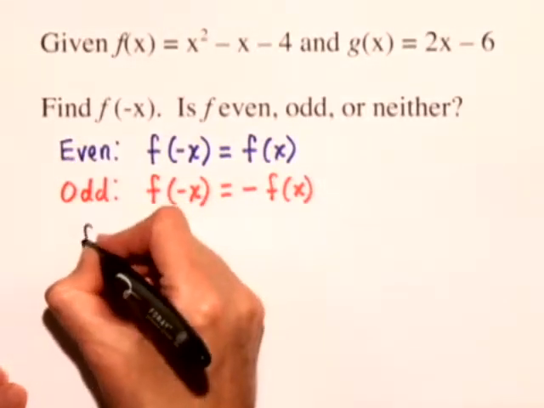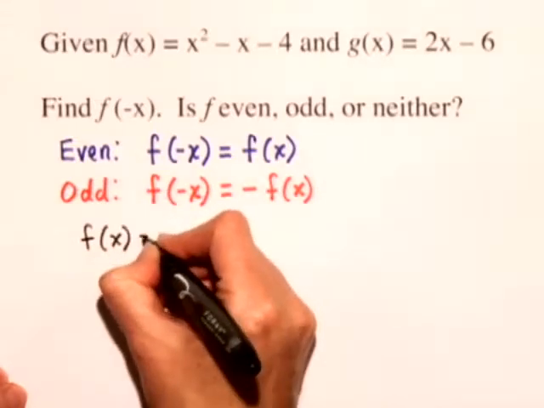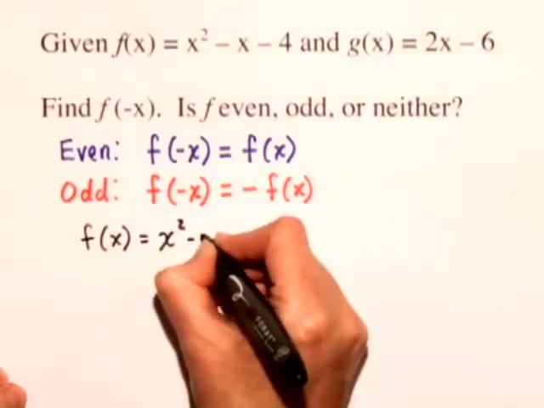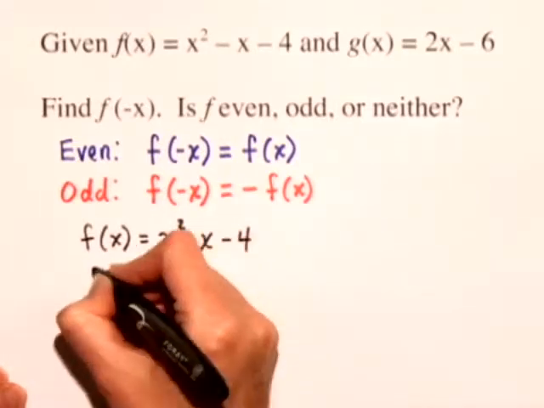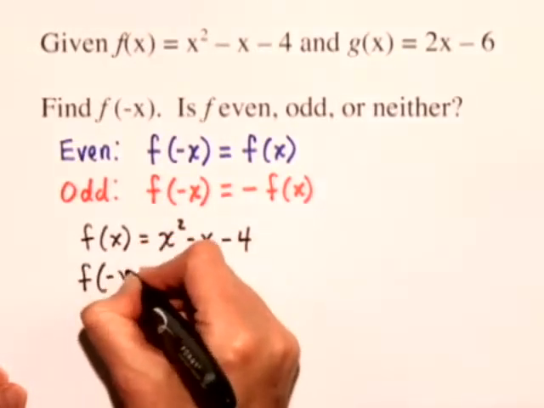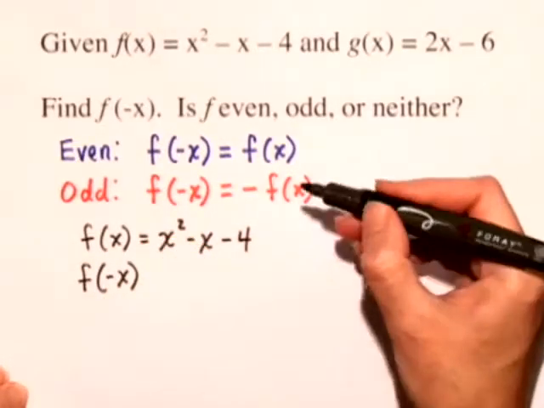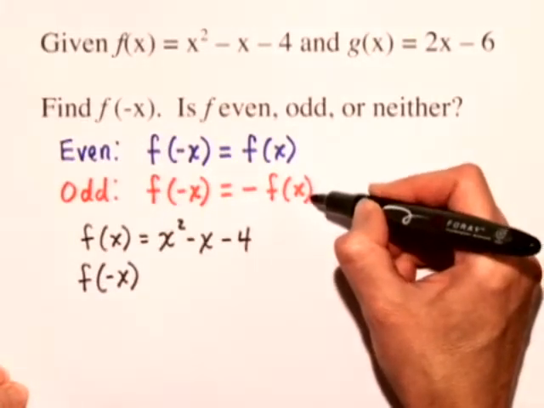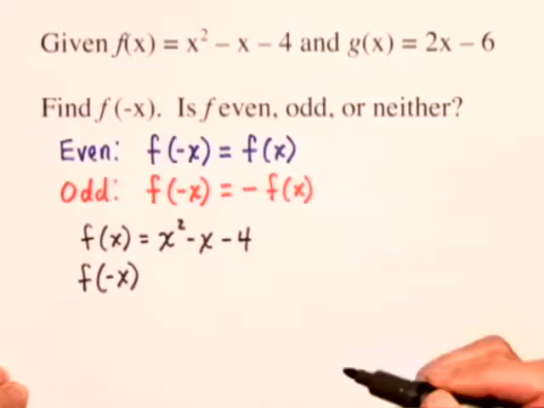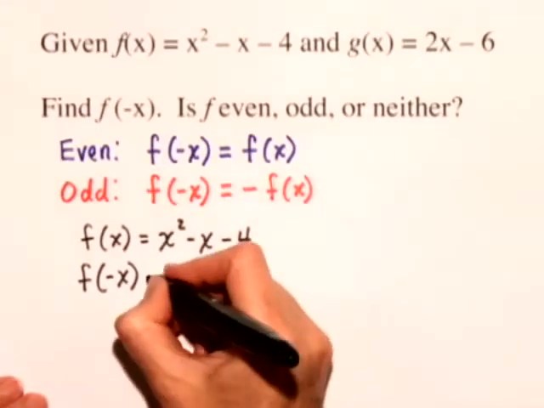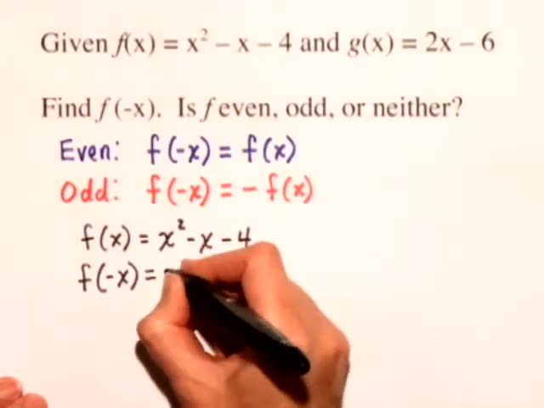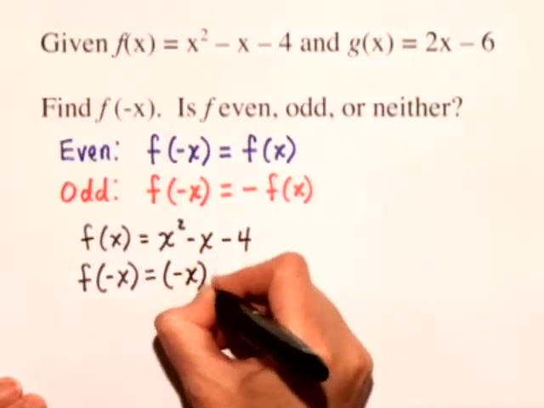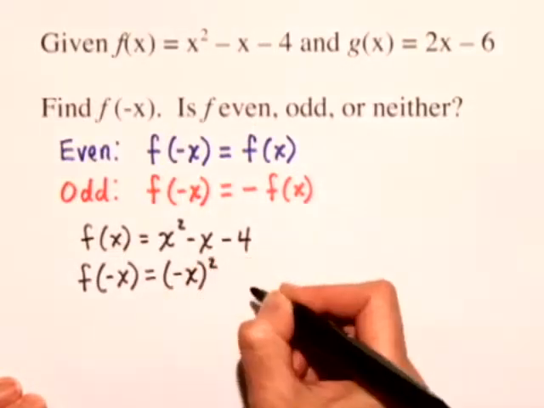Since f of x is given as x squared minus x minus 4, let's find f of negative x, and we can determine whether it's even or odd, or it could possibly be neither if it's not even and it's not odd. So f of negative x means we substitute negative x in everywhere we see an x in the original function.